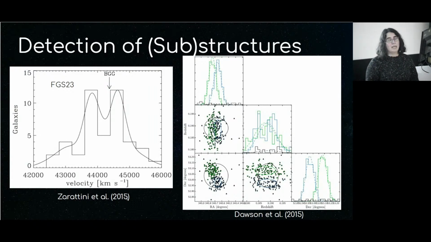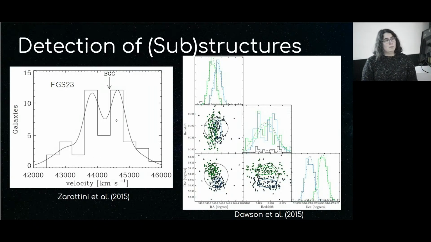Then, through the analysis and investigation about this technique, I found the Gaussian mixture models. That is a technique in which you assume that a property of galaxies is a collection of n Gaussians. For example, in this case, you can fit 3 Gaussians to the velocity distribution of the galaxies in this cluster, and you can identify 3 structures or substructures within the cluster.